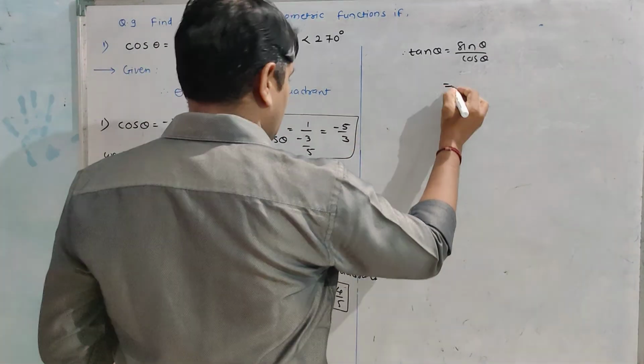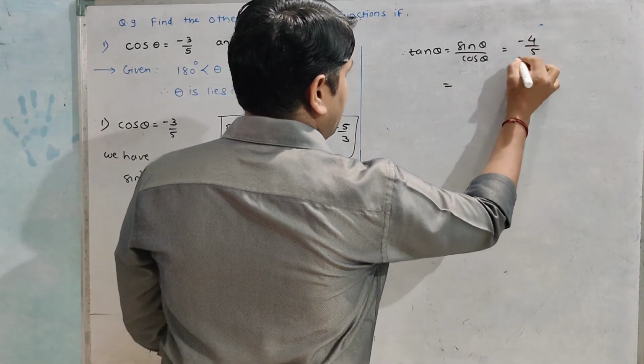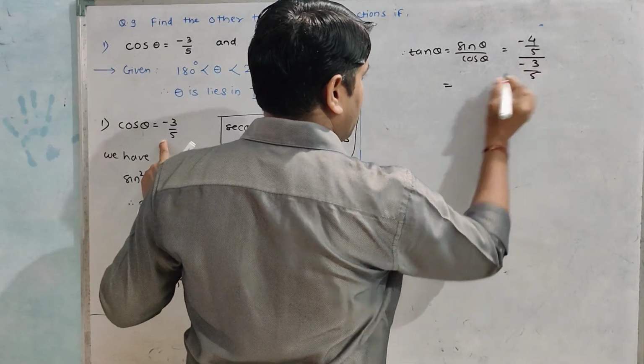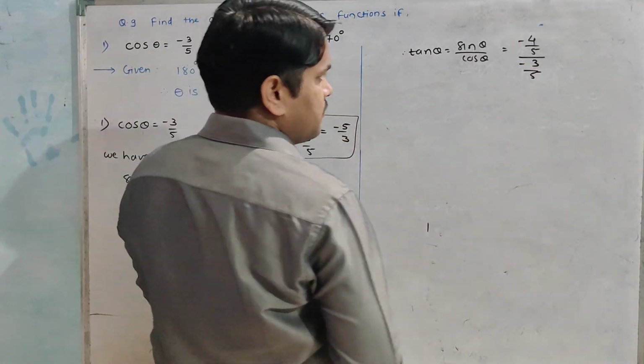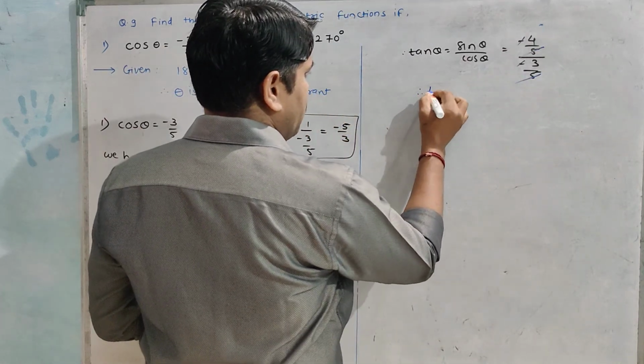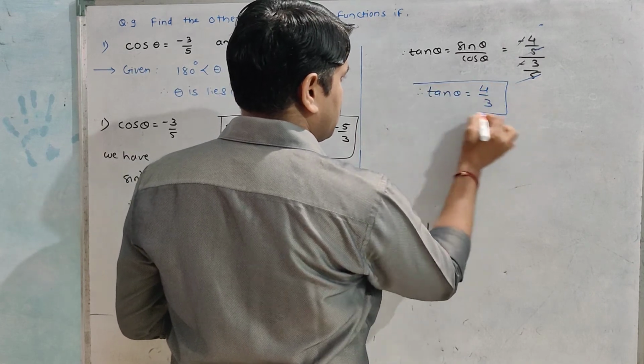So tan theta is equal to sin theta, which is minus 4 upon 5, divided by cos theta, minus 3 upon 5. Okay, so this 5 gets cancelled, minus gets cancelled, and therefore we get tan theta which is equal to 4 upon 3.